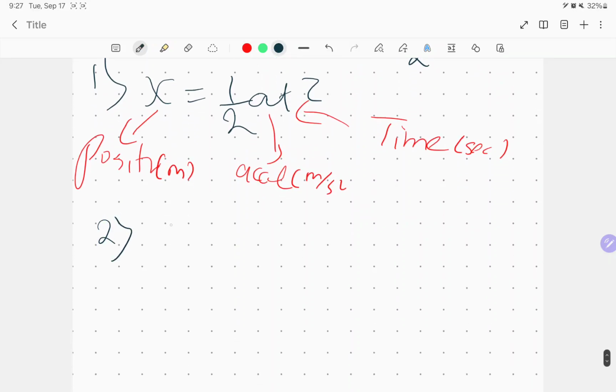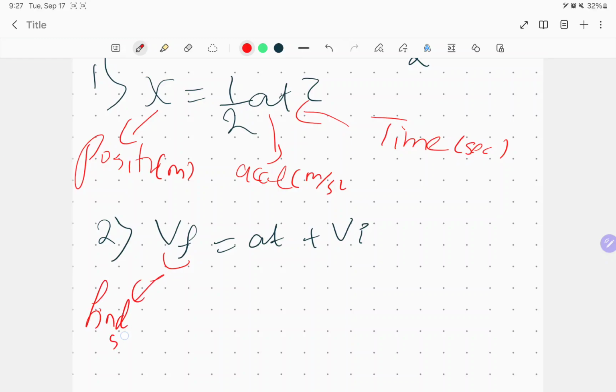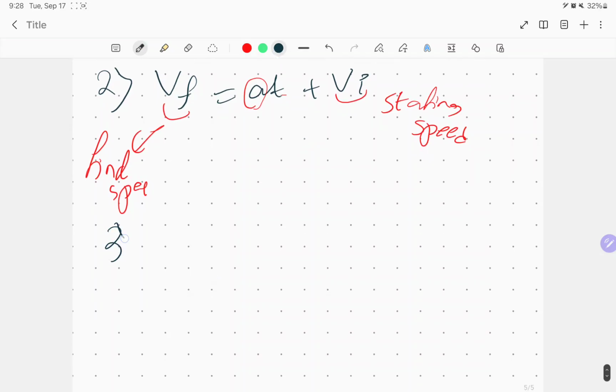Second equation: v final equal to at plus v initial. v final means the final speed I got, a is acceleration and t is time. v initial means the starting speed.